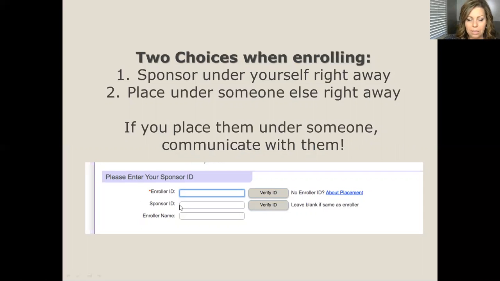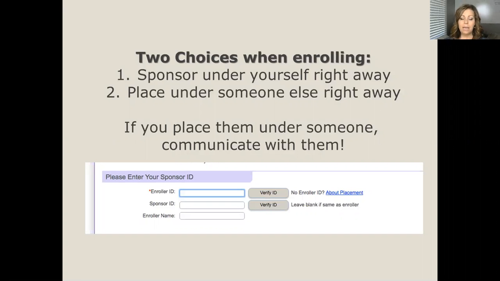The sponsor ID, which is right here, can either be you or somebody else, okay? I know there's people out there who do this different ways, which is the two choices we just gave you. You can either sponsor them under yourself immediately, and then you have 14 days to move them, or you can look and see who is it that I want to place them under for volume.